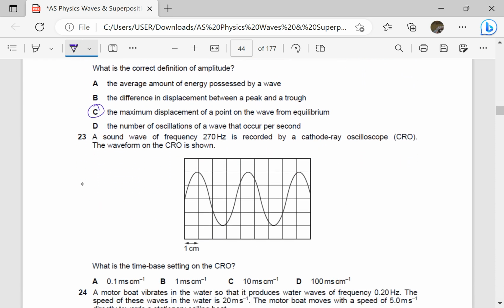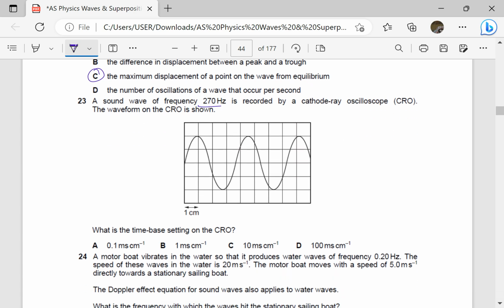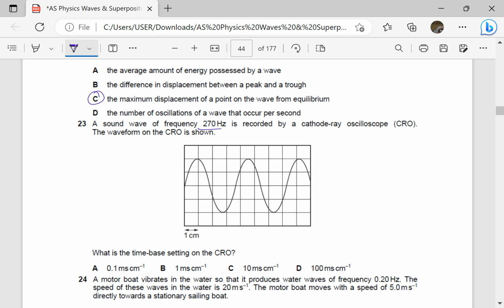A sound wave of frequency 270 Hz is recorded by a cathode ray oscilloscope. The waveform on the CRO is shown here. What is the time-base setting on the CRO? We know that frequency is equal to 1 over period, so the period is equal to 1 over frequency, which is equal to 1 over 270.